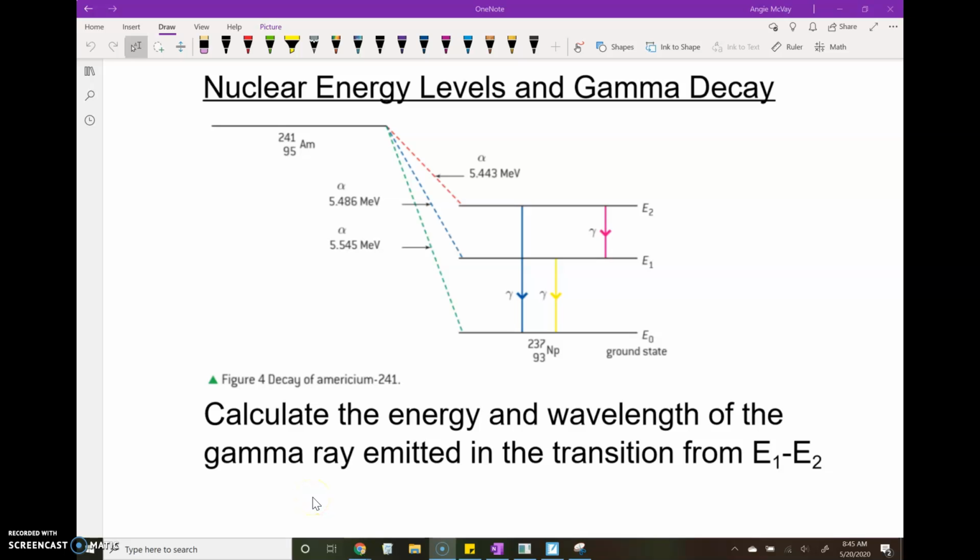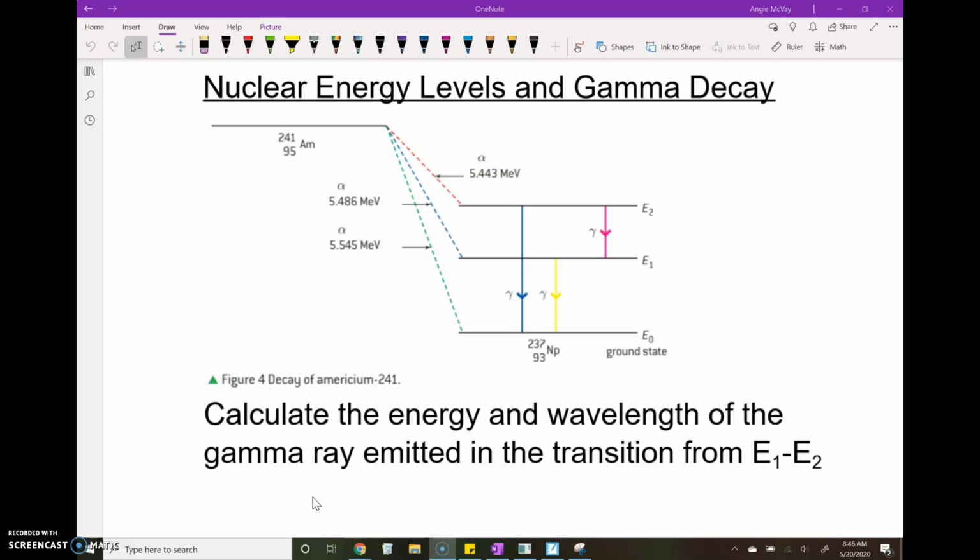All right. So we just said that the nucleus can also exist at discrete energy levels. And so I have an example here of americium-241, and it can emit 3 different energies of alpha particles.